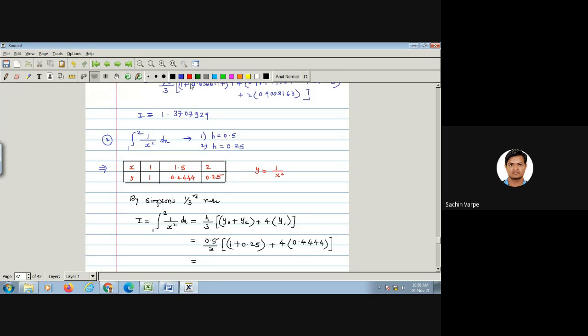Are you getting my point? Because if you see here, if we consider this curve and I'm trying to approximate this curve with a line joining these points, this much area is left, and that is the error.